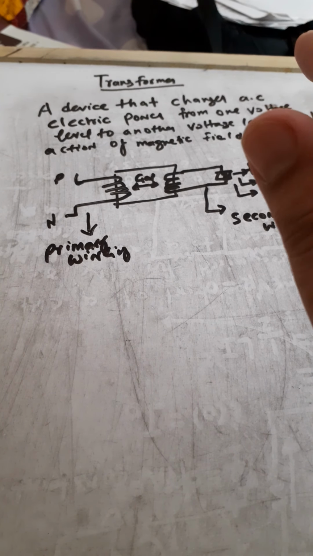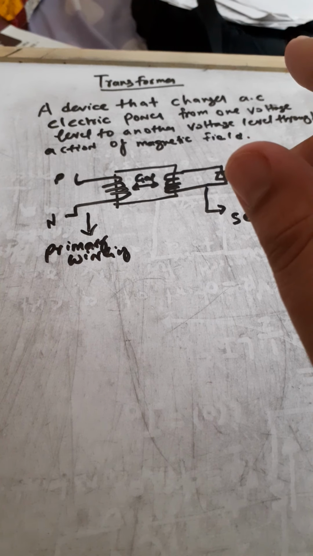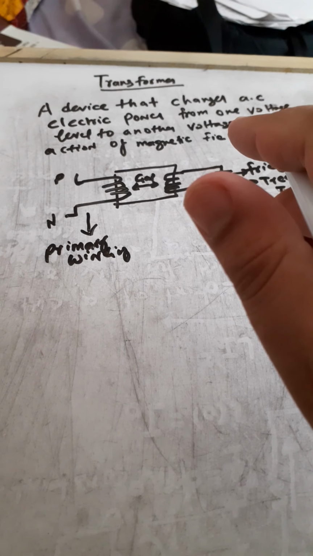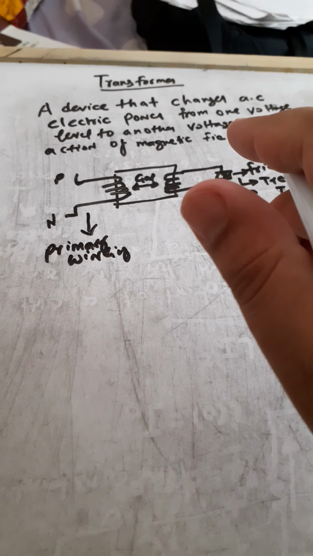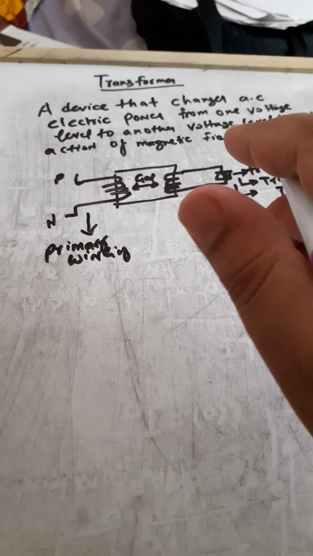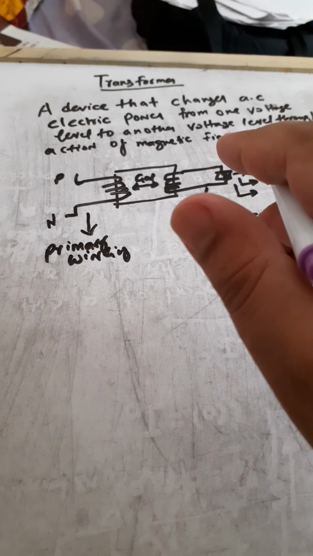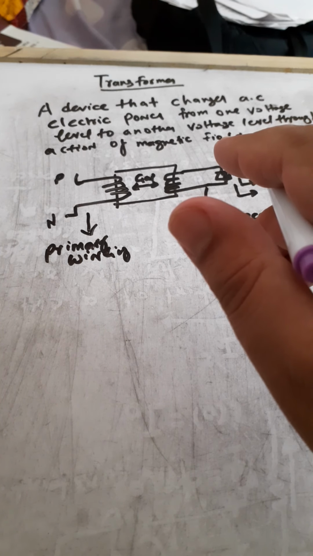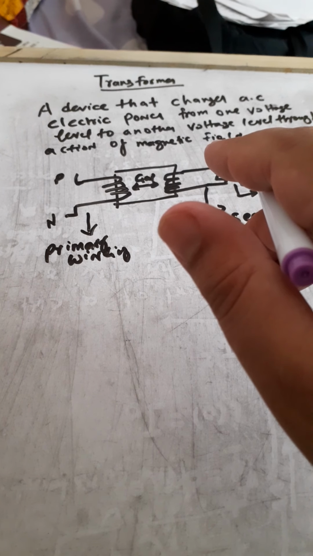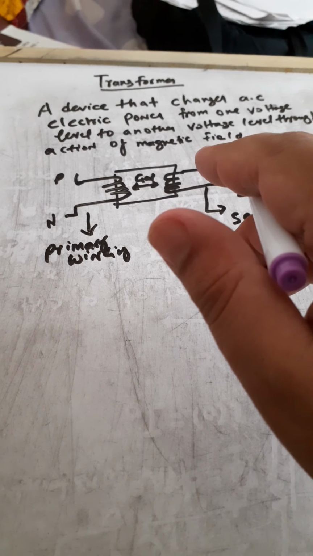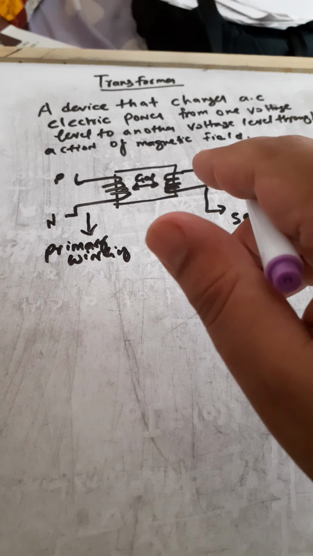So essentially there are two designs of transformer. One construction of the transformer is called the core type of construction. Another construction of the transformer is called the shell type of construction. So if you are going to understand the transformer, let's understand how it is happening, what type of constructions we are using and why we are using.